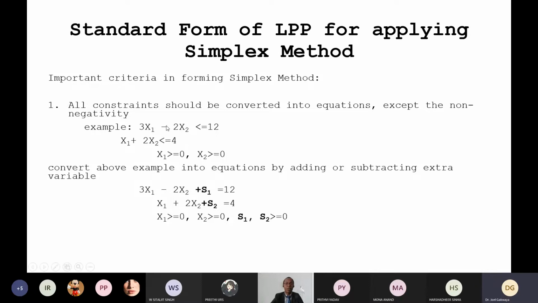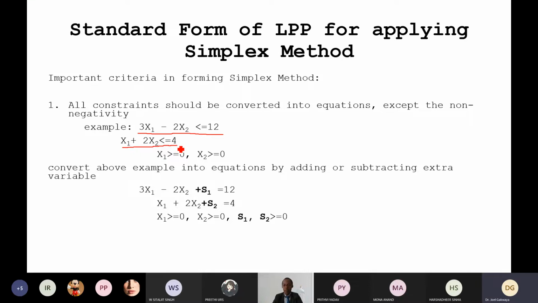Example, this is an example of our constraint. As you can see, we have 3x1 minus 2x2, plus x1 plus 2x2, which is less than or equal to 4.